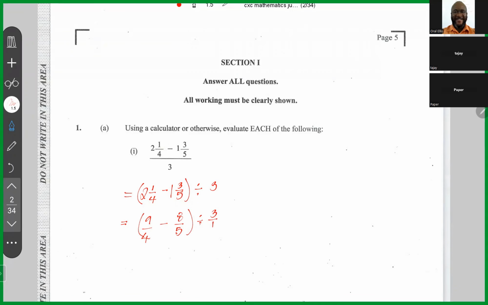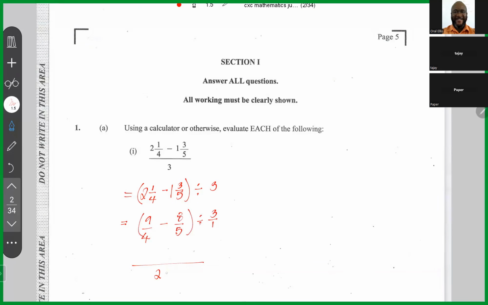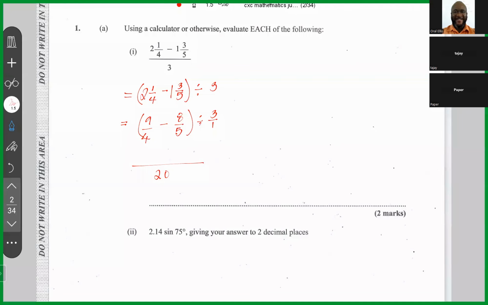If I'm adding or subtracting fractions and the denominators are different, I must find the LCM. So the LCM here is going to be 20. All right, so next I'm going to say 4 goes into 20 5 times. 5 times 9 is 45.